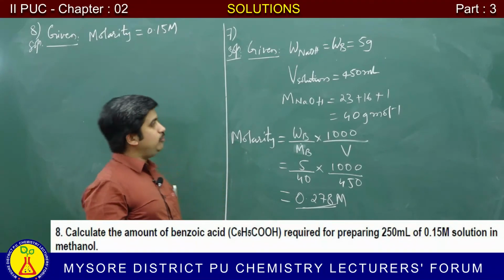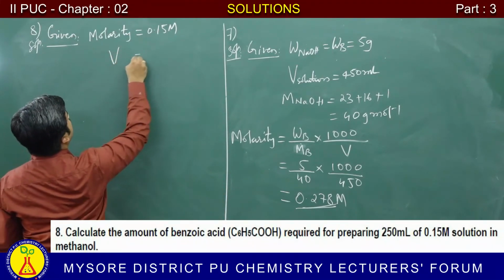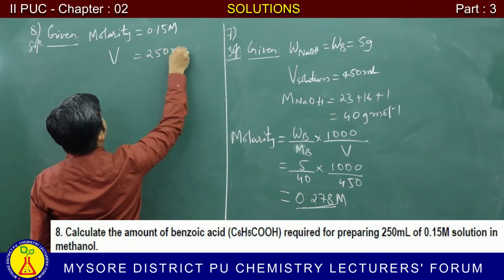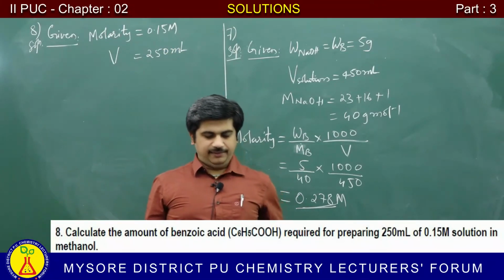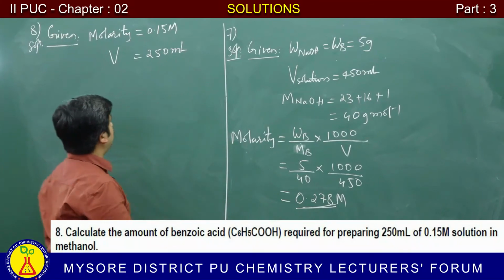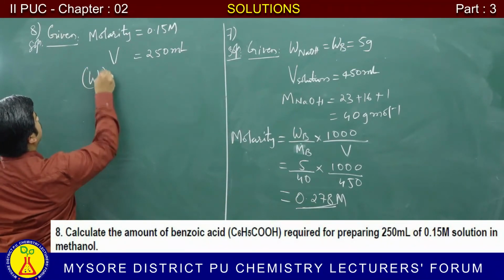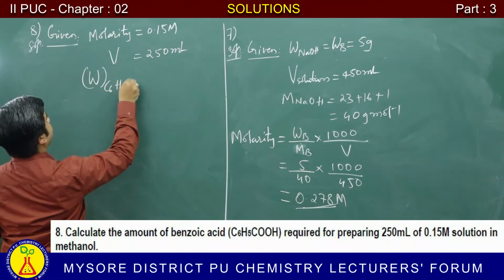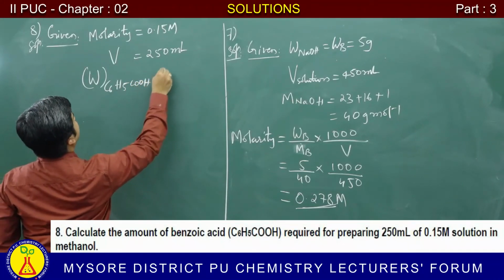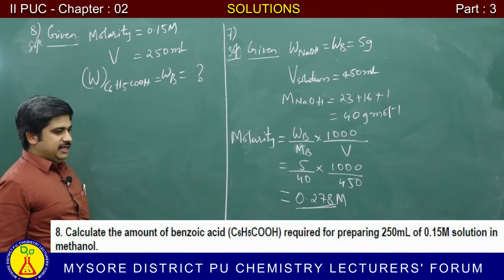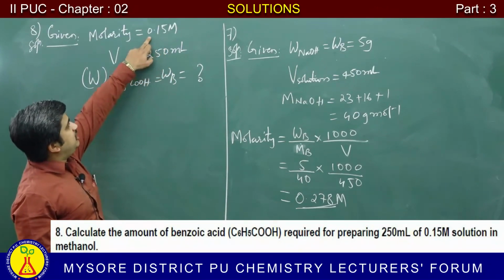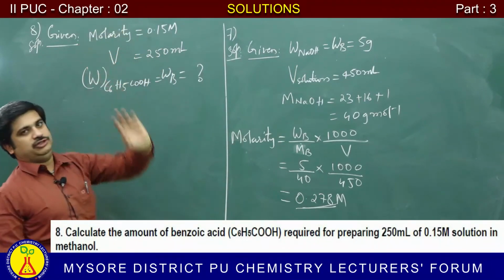Then volume of the solution is given as 250 ml. Then we have to find out how much benzoic acid is required if we want to prepare this concentration and this much volume of solution.